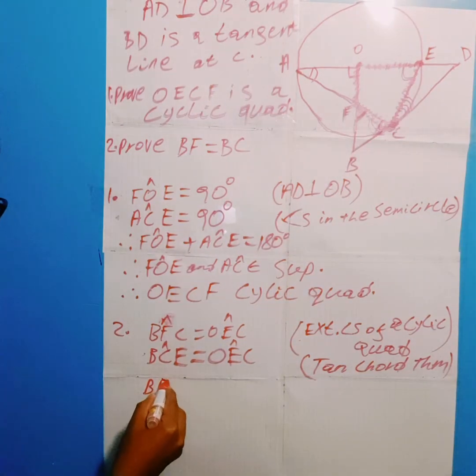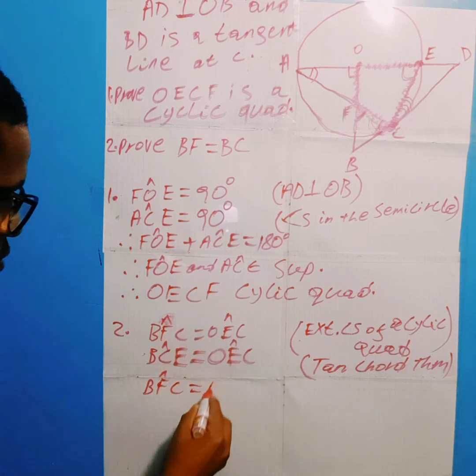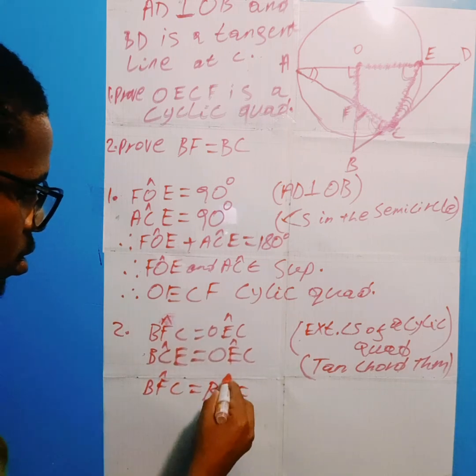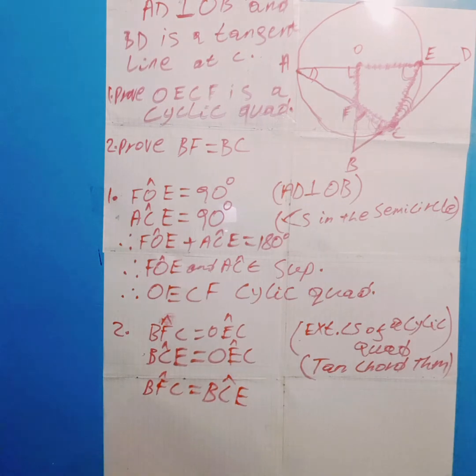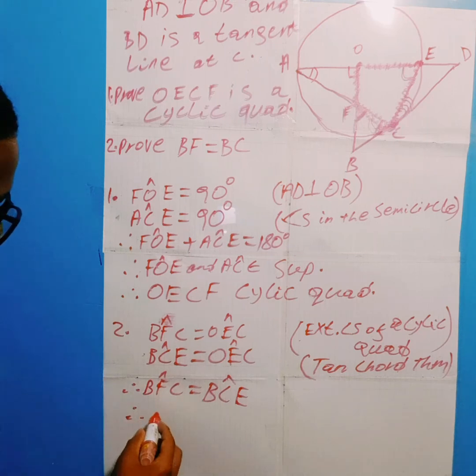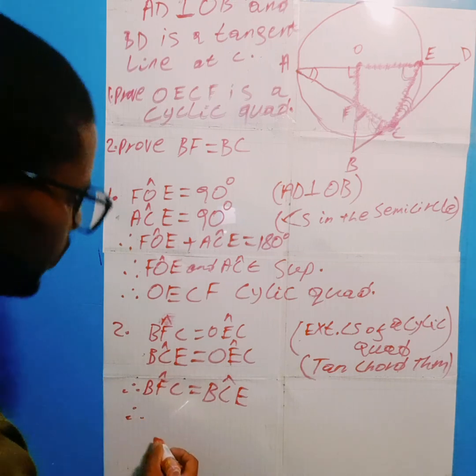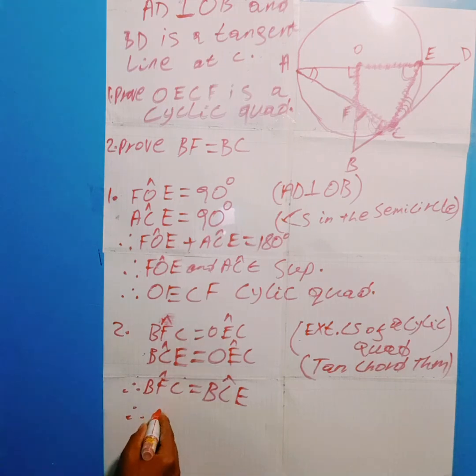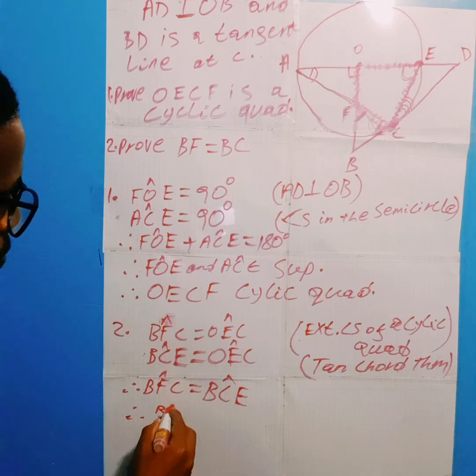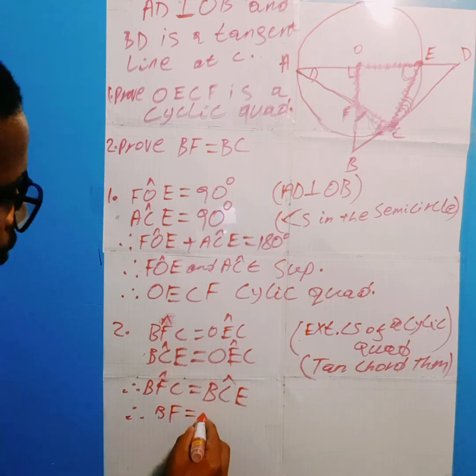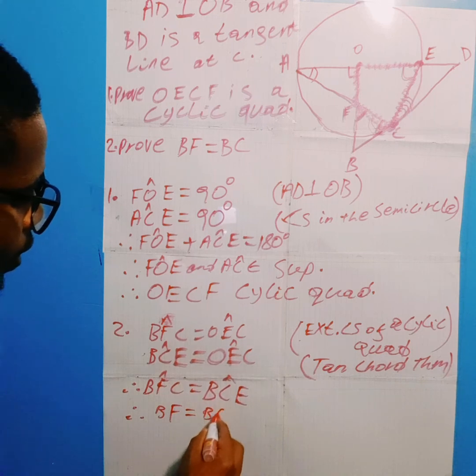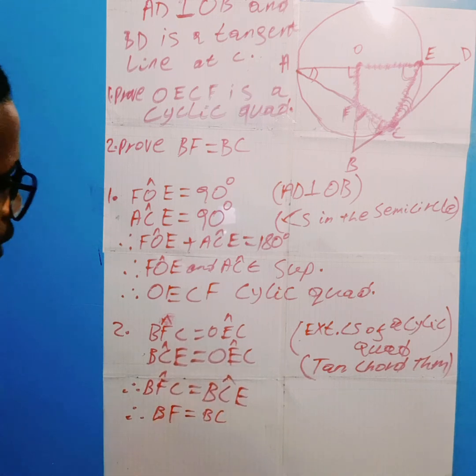So BFC is equal to BCF, right? From the previous, and again from that one, you can just say you have proven that BF is equal to BC. So you are done with what you were looking for.